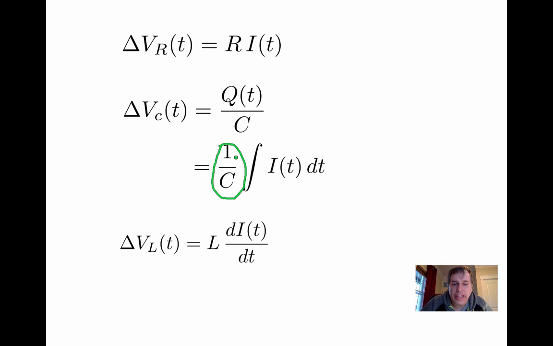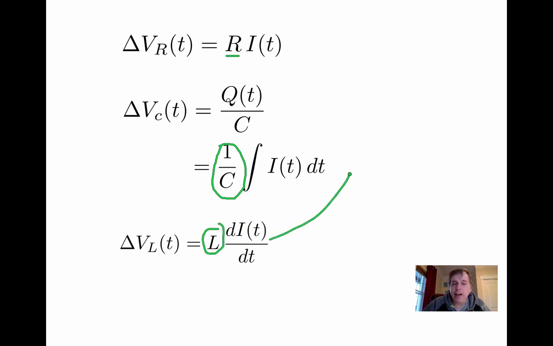The rule for the capacitors in series is you add 1 over C1 plus 1 over C2 and so on, and you take that to the -1. The reason for that is because in the resistor we have R, but we have 1 over C for the capacitor. That's why the rules for resistors in series and parallel are flipped compared to the rule for capacitors, because for capacitors, the capacitance appears as 1 over C. If you go back to the inductor, we're back to L here multiplying the derivative of the current.